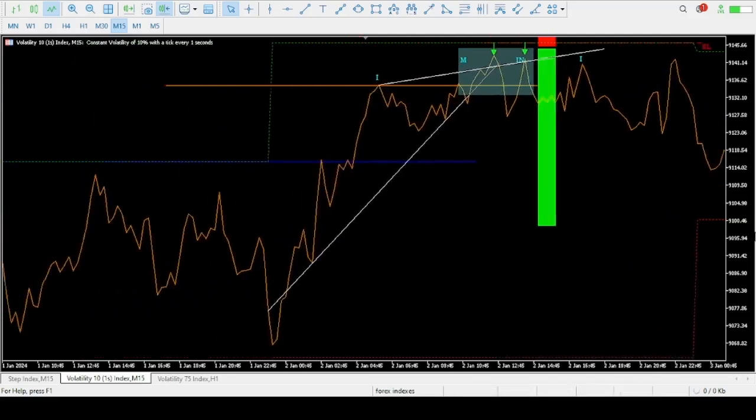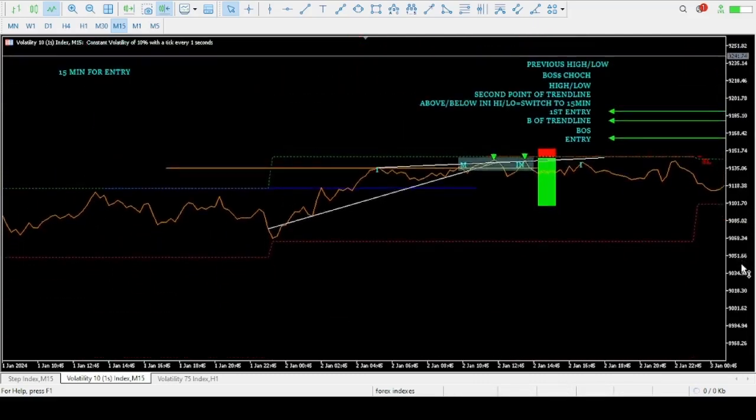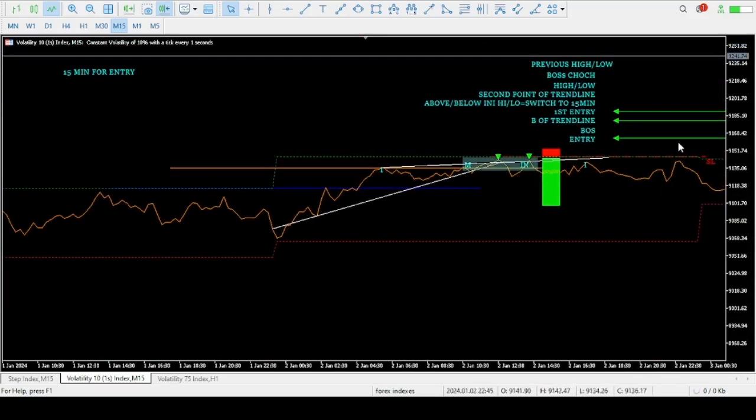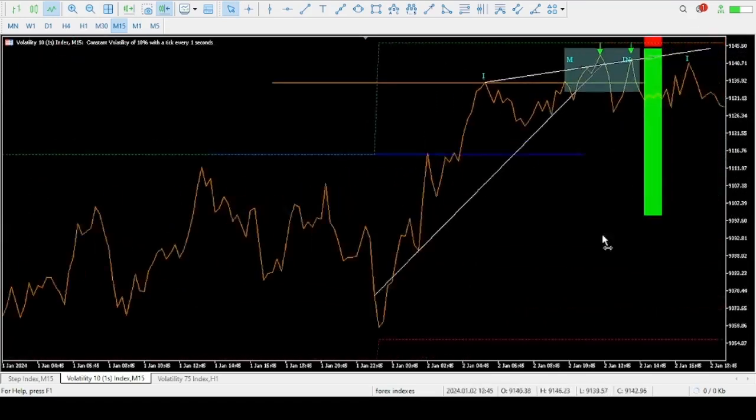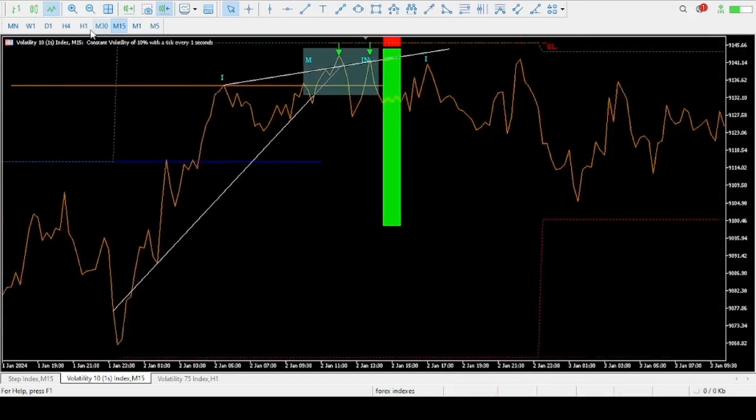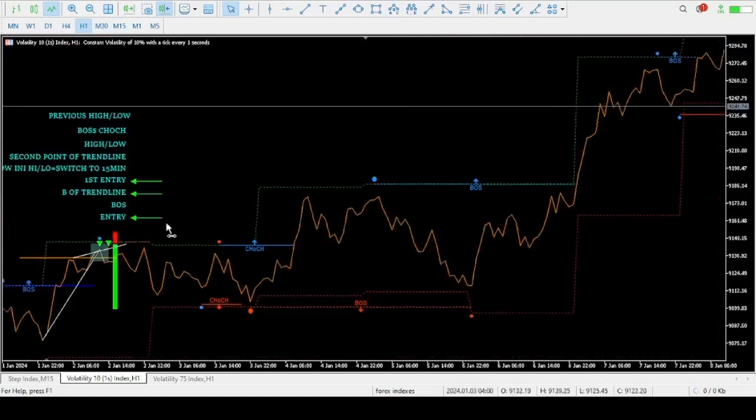So now let's go over the points again. The points are: 15 minutes is for entry, 1 hour does the trick. Let's go back to 1 hour.